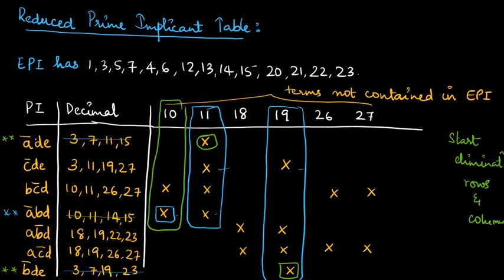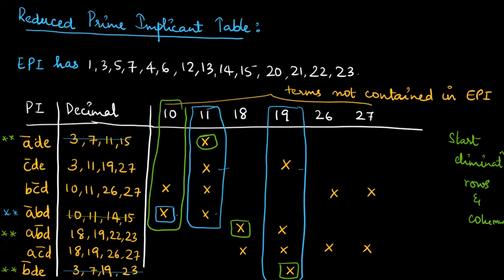Next we have the A B bar D prime implicant, and this also consists of two X's. One is already blocked, so we are going to highlight the X corresponding to the decimal notation 18, and I will block the entire column and highlight the prime implicant as a dominant prime implicant by putting a double X and strike out the min terms which are represented in decimal.